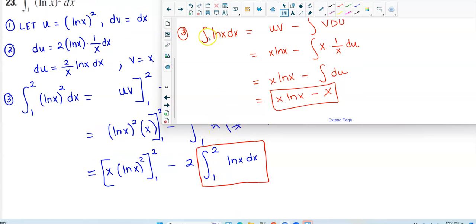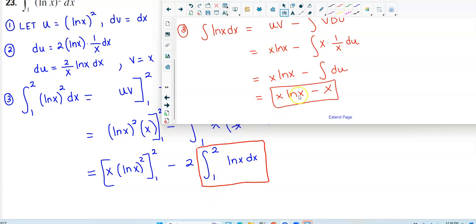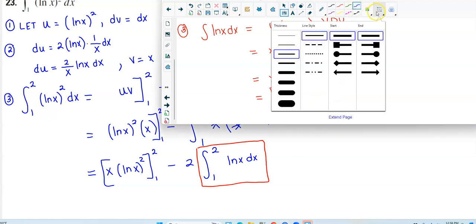Now we could have included that and then changed the u substitutions, but we can just find this using an indefinite integral and then substitute it back in according to x. So let's go ahead and do that.